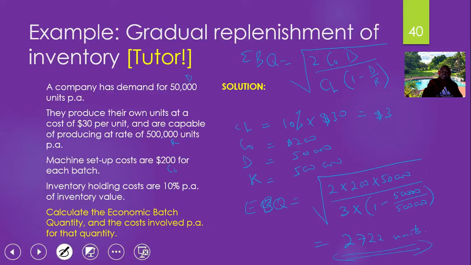Okay, we then have to consider issues to do with the reorder costs, the annual inventory holding costs, because if you do not calculate those ones, then we haven't done anything, ladies and gentlemen.